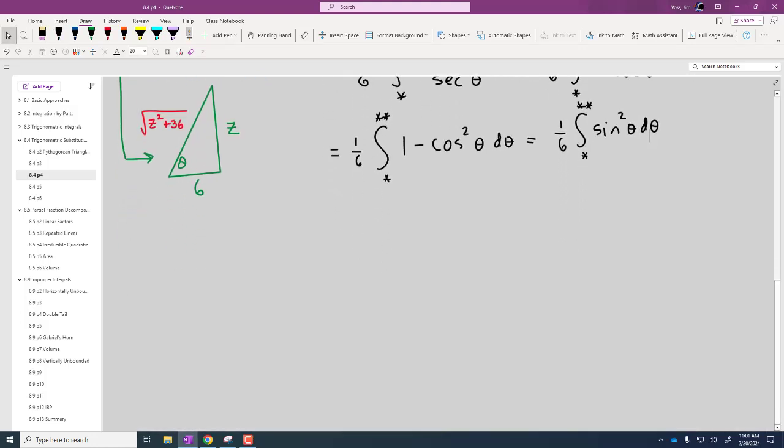All right, now we use power reduction. So power reduction, the half comes out to the front, making a 1/12 integral. And inside here, we have 1 minus cosine of 2 theta, d theta.